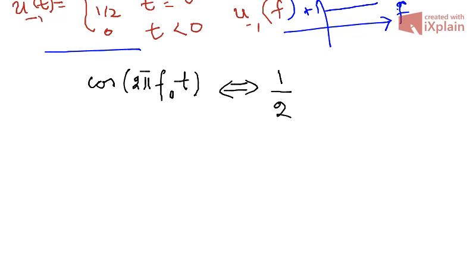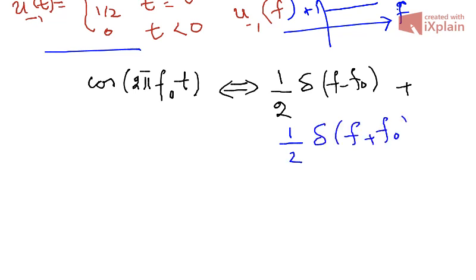It's half delta f minus f naught plus half delta f plus f naught, right? So this is the Fourier pair.